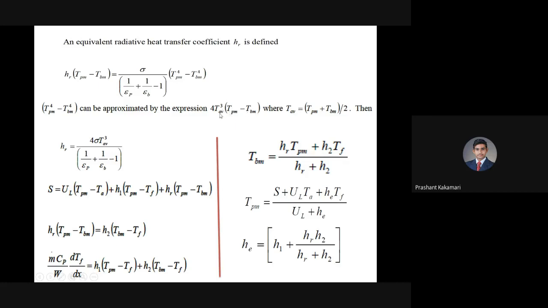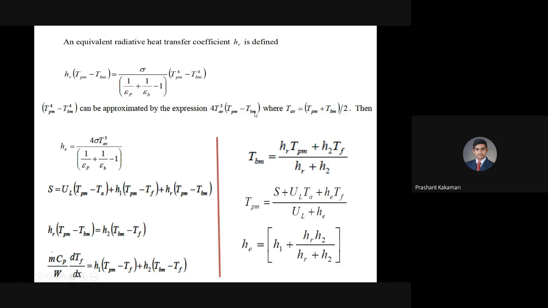Again, if you multiply, I can write it as 4 into bracket T pm raised to 4 minus T bm raised to 4. So this can be written as 4 into T average raised to 3 into T pm minus T bm. T average can be again written as T pm plus T bm by 2.